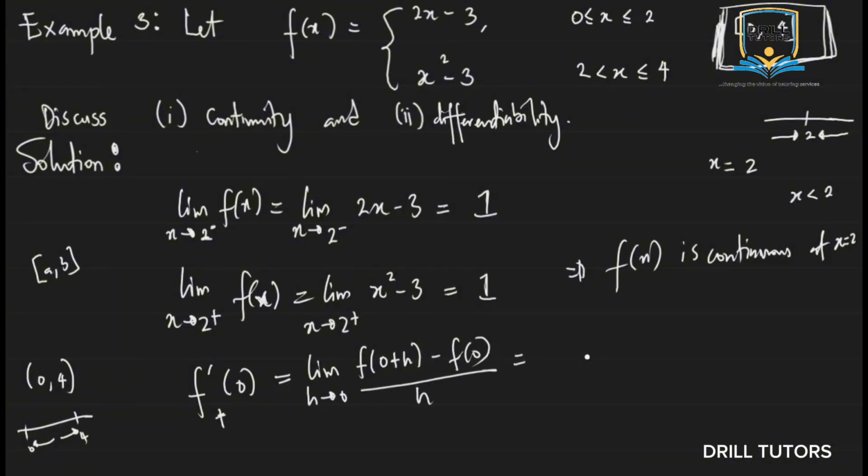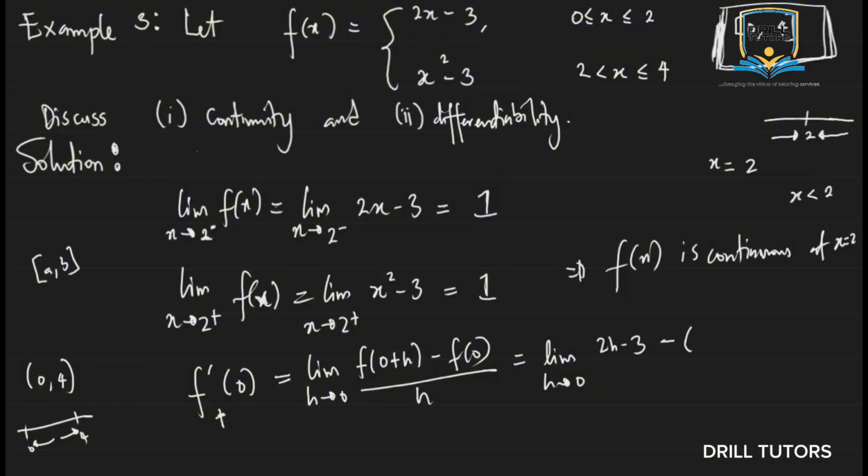And if you evaluate that, as the limit as h tends to 0, from the right, of course, that's 2x minus 3, so that will be 2h minus 3.